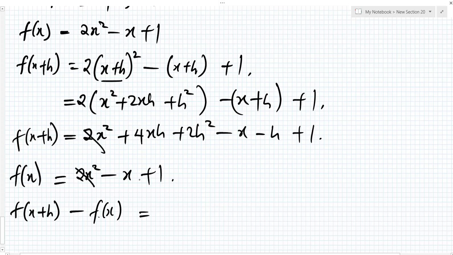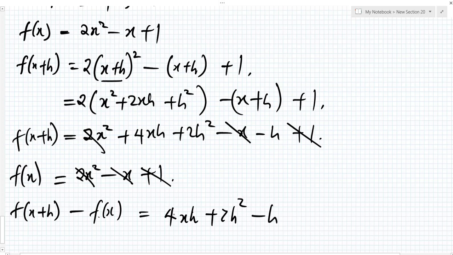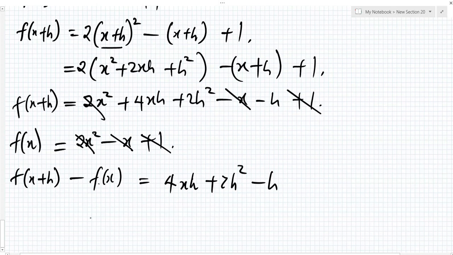So this will cancel out this. This will cancel out this. This will cancel out this. Those terms will cancel out those terms. So we are left with 4xh plus 2h square minus h. So we're left with this.